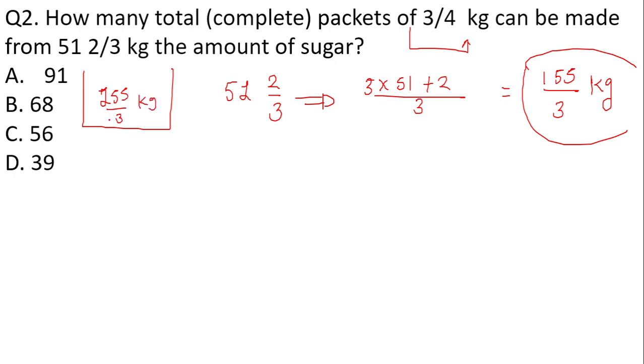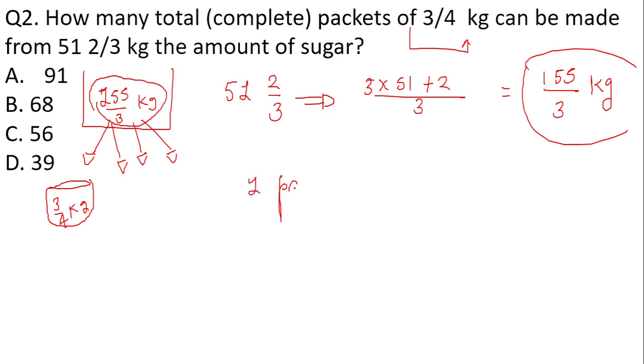Now we are going to make small packets by putting this material in those small packets, and each small packet is of 3 by 4 kg limit. It means one packet's limit is equal to 3 by 4 kg.